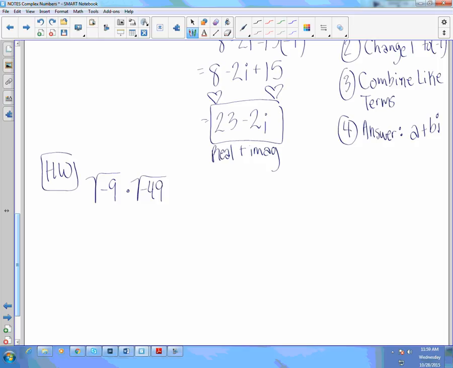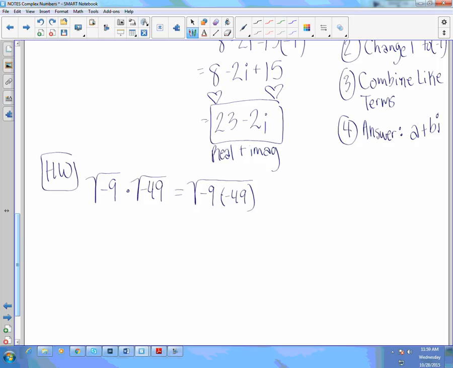No, we only need a common denominator when adding. So we just multiply them together. Same thing with the radicals. So this just becomes square root of negative 9 times negative 49. I don't want you to go to plus or minus 3i, plus or minus 7i. That's all we're trying to do here.